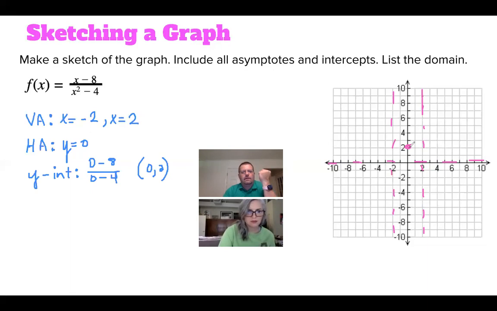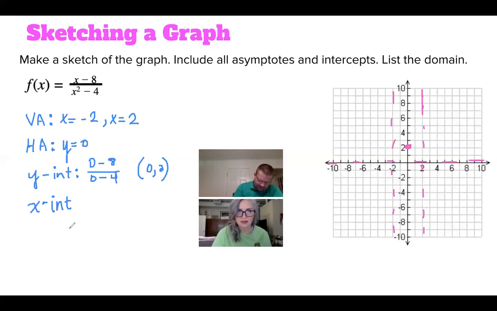Okay. And then to find the x-intercepts, we have to set the function equal to 0. I'm going to let you do that part because you can write a little faster than me.